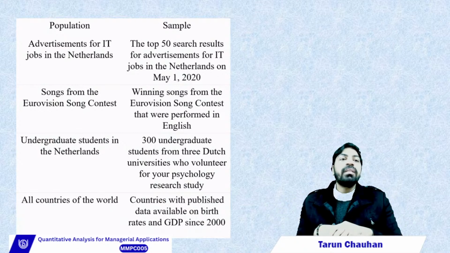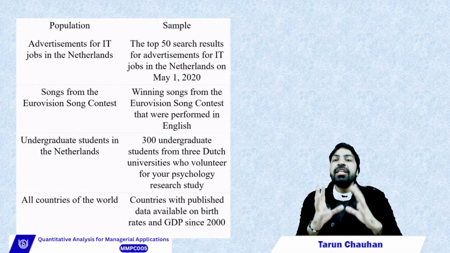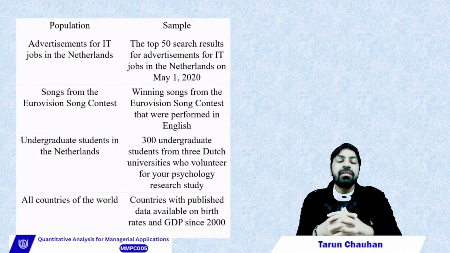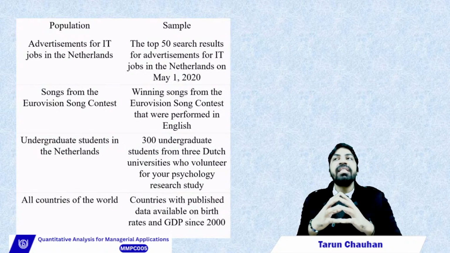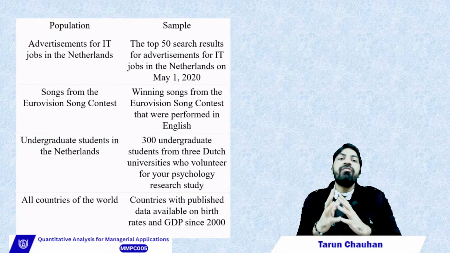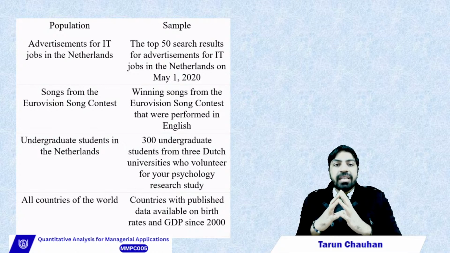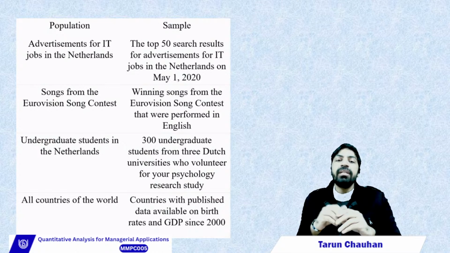Take an example: the advertisements for IT jobs in the Netherlands. What would be the sample if we select the top 50 companies advertising IT jobs in the Netherlands on that particular date? That is exactly called a sample.